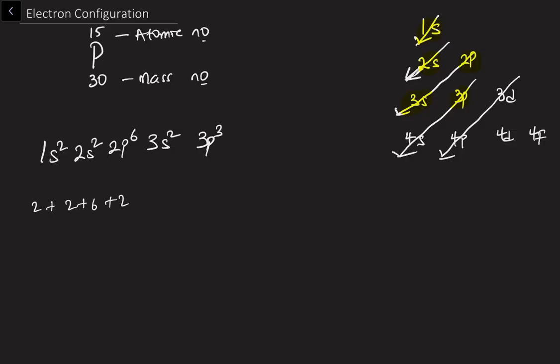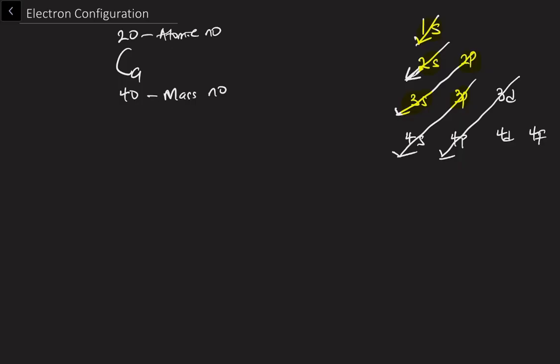Let's take another example. Let's write the electron configuration for calcium with atomic number 20 and mass number 40. So this means we're writing electron configuration for 20 electrons, because if the atomic number is 20, that means we have 20 electrons. So in this case, we start again.